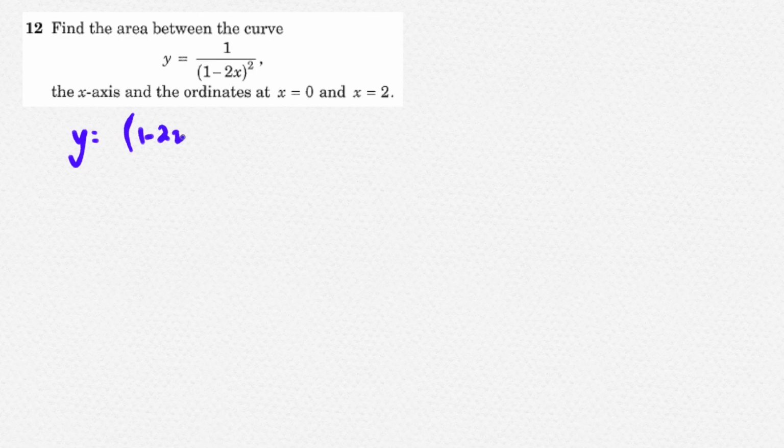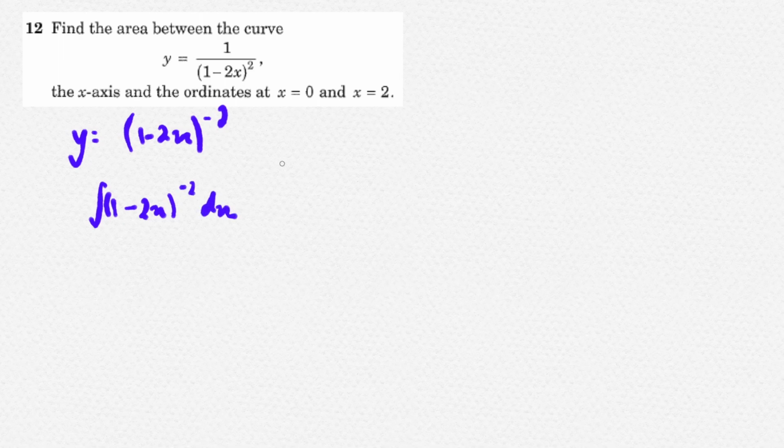So let's find out the integration of y is equal to 1 over (1 minus 2x) squared. This can also similarly be written as y is equal to (1 minus 2x) to the power of minus 2. So let's find the integration of this.